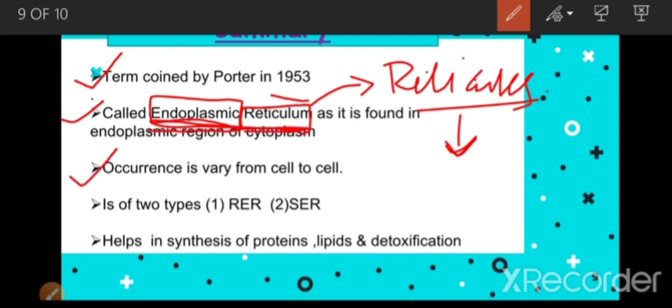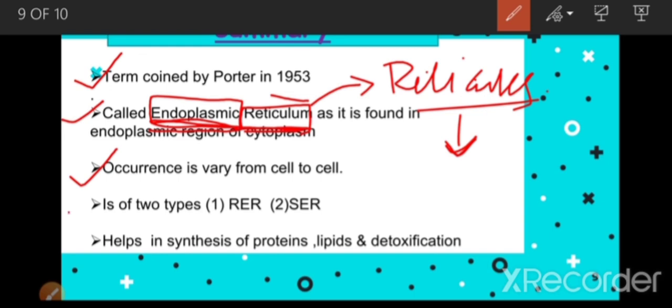Occurrence of the endoplasmic reticulum varies from cell to cell. In some of the cells it is lacking, in some of the cells only the smooth endoplasmic reticulum is present. In those cells which are involved in protein synthesis, the highly developed rough endoplasmic reticulum is present. So, we conclude that the occurrence of endoplasmic reticulum varies from one cell to another cell.